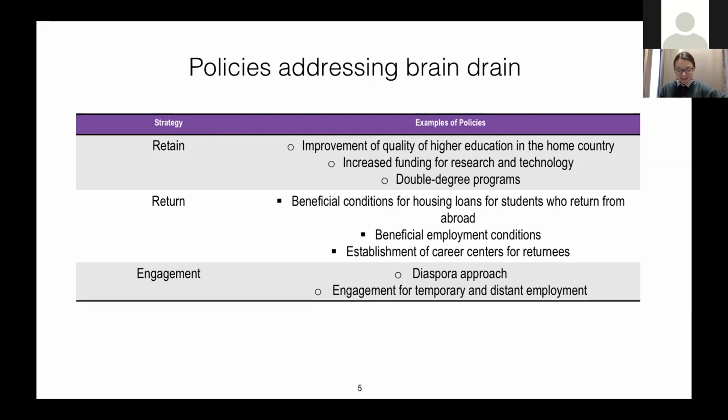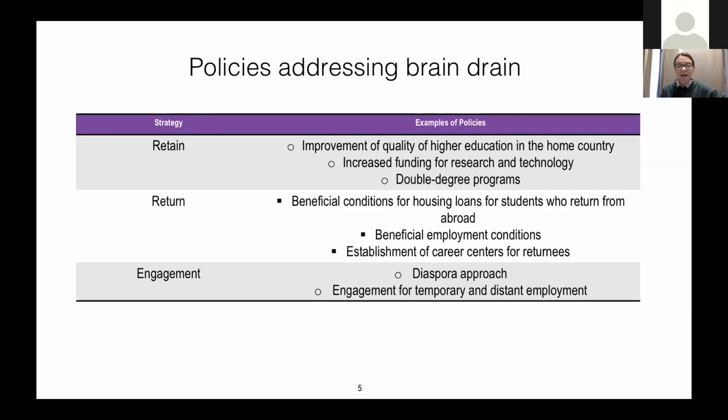The policies addressing the brain drain can be divided into three categories: retain policies, return policies, and engagement policies. In this part of the presentation I will focus not on how to attract students, but on how not to lose talented students to other economies.